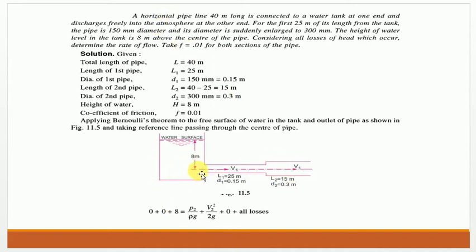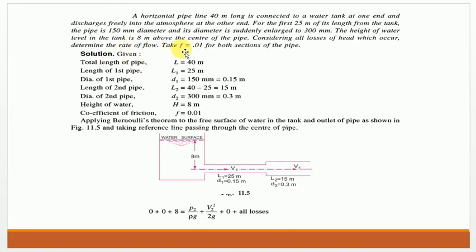Considering all losses of head which occur, you're going to determine the rate of flow, that is, find the discharge.